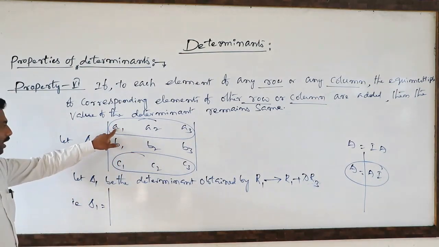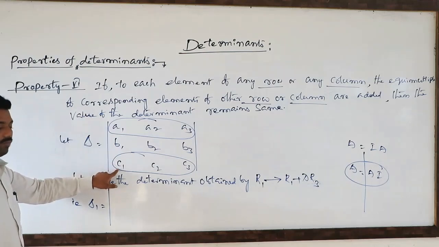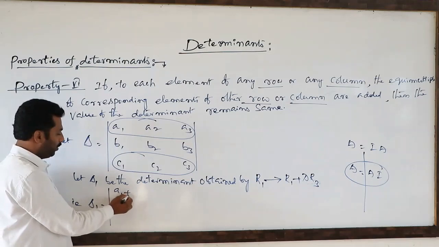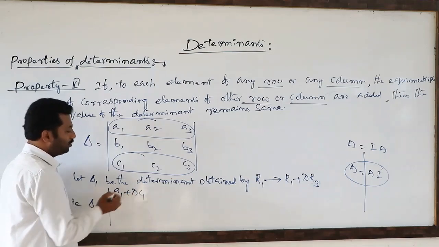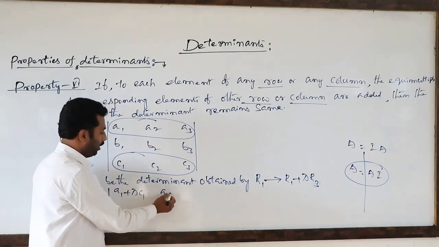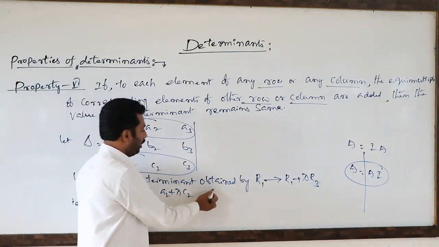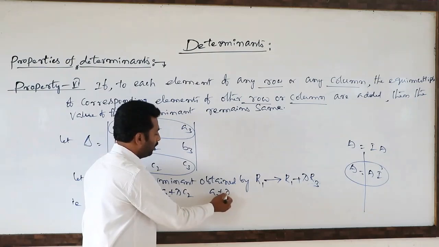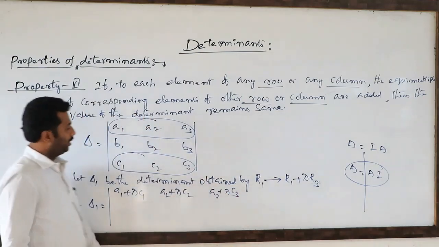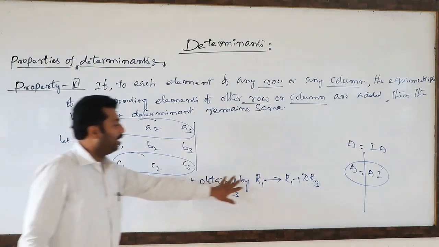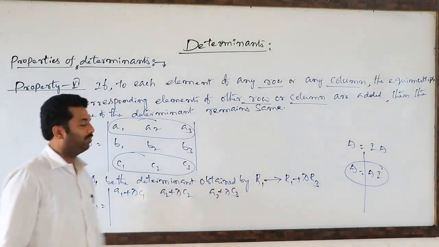See here, A1 plus the corresponding element, C1. So we can write this as A1 plus lambda into C1. Next, A2 plus lambda into C2. A3 plus lambda into C3. No changes in R2, R3. Only we are changing R1. That point you have to remember.